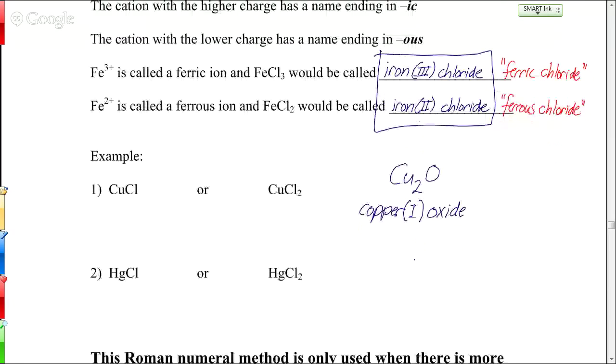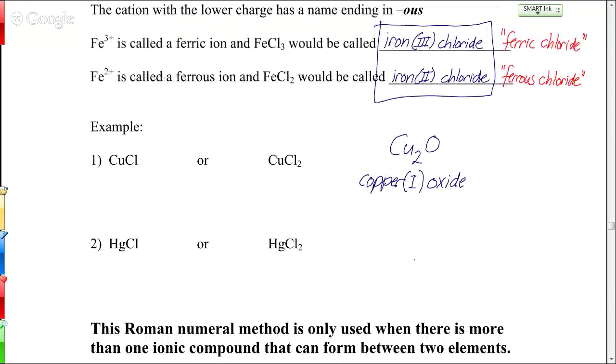Let's write that. So CuO is copper 2 oxide because now we have +2, -2 in the neutral compound.